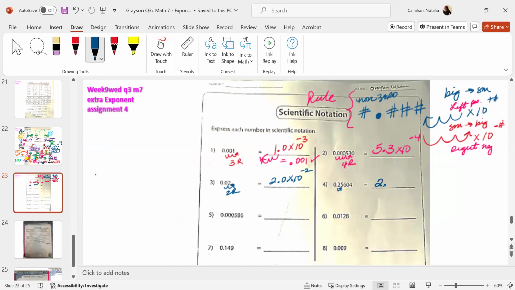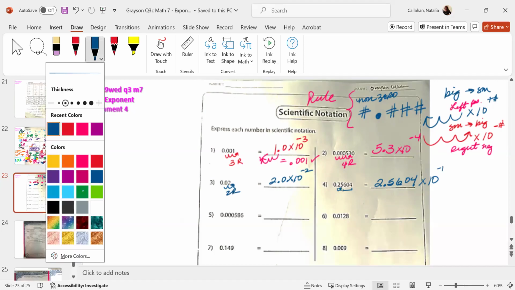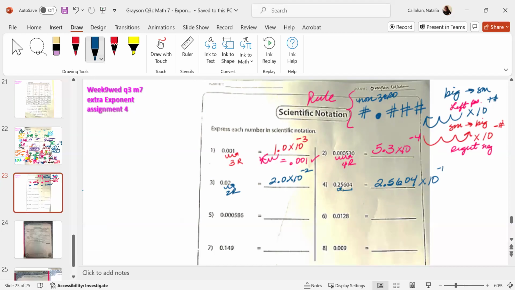Just 1. 5, 6, 0, 4. Notice that this one, you've got to include a 0 because there's a number after the 0. That's not 0, that's 4, right? Times 10 to the negative 1 power. Okay? Here, next one. I'm going to give you a moment. You go back and check your answers again and make sure you did it right.